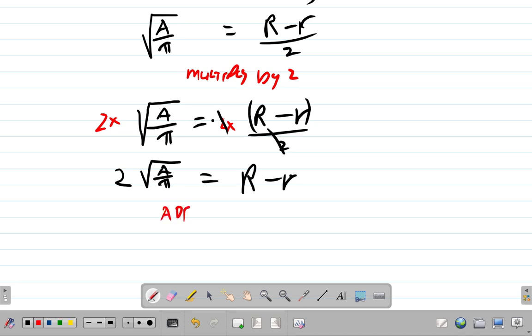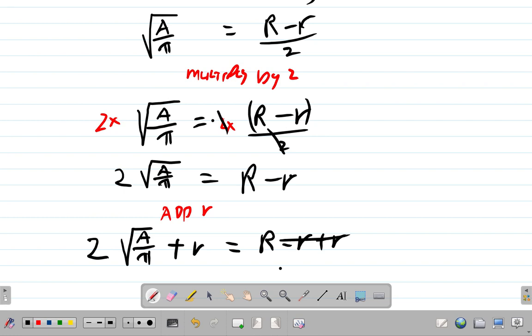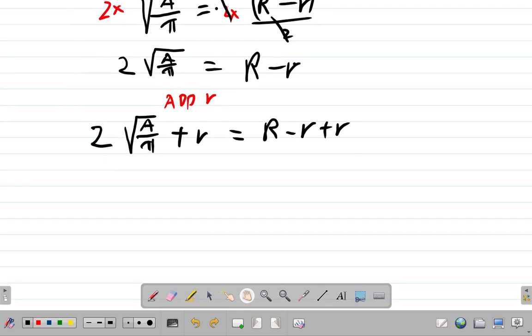So you must add small r, and of course, it's to both sides. So it's 2 square root of A divided by pi plus small r equals big R minus small r plus small r. But this part means small r is gone. So what you have is just big R alone.